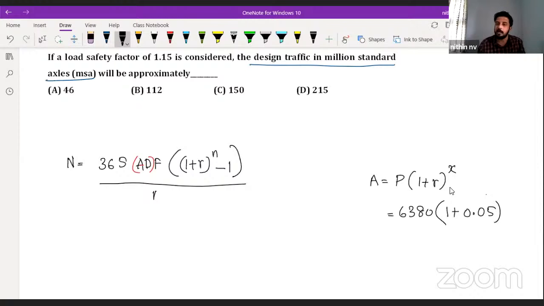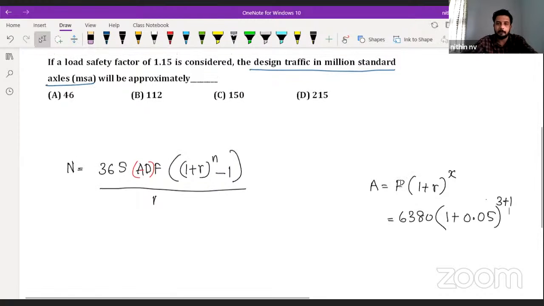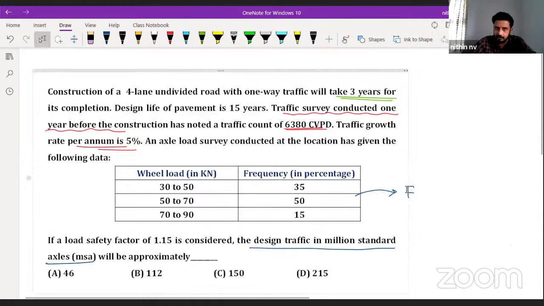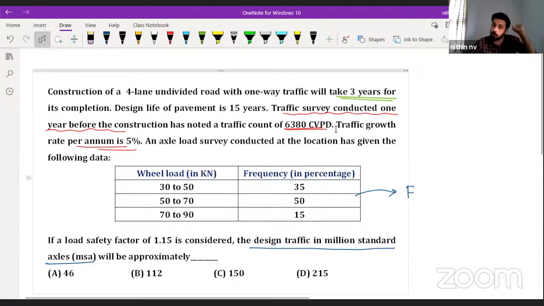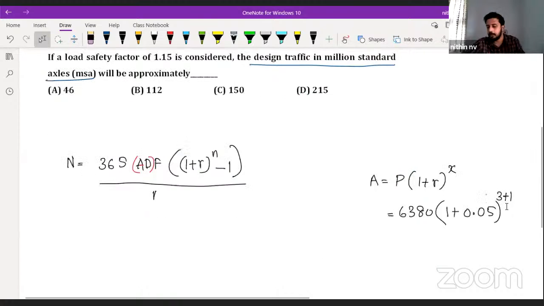So this X value will not be just the construction period. We have to take care of the past data. If they are giving that it is the present data, then no need to add this extra year. If they are telling that the traffic count was done 2 years before, then we have to consider that 2. In this question, they have given 1 year before, so take that as 1.